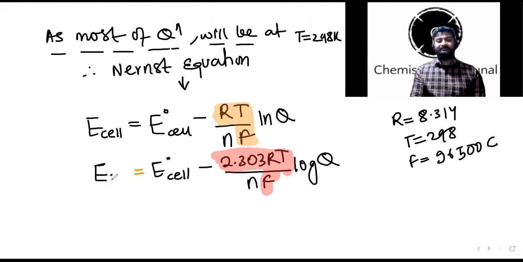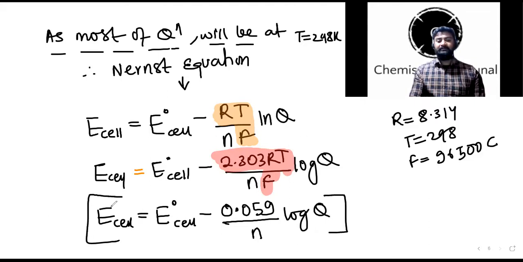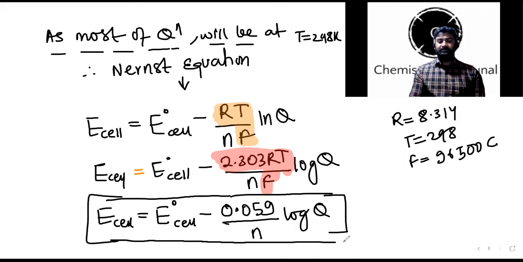E cell will now become the final formula: E naught cell minus 0.059 by n log of what? Q. That's it. This becomes the final formula that I recommend you remember and use in numericals. This is Nernst equation.